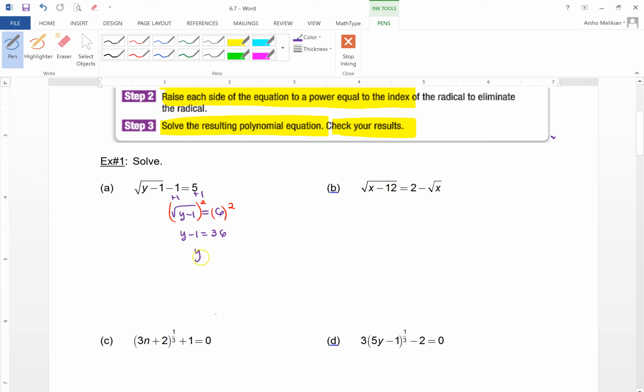So y is equal to 37. So let's check. Is the square root of 37 minus 1, minus 1, equal to 5? Yes, it is. So that means that's the correct answer.